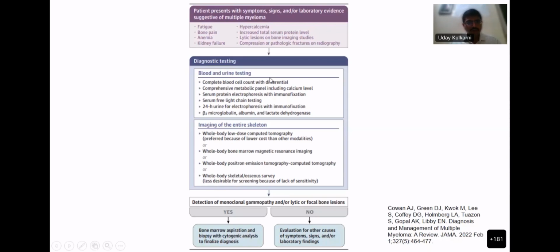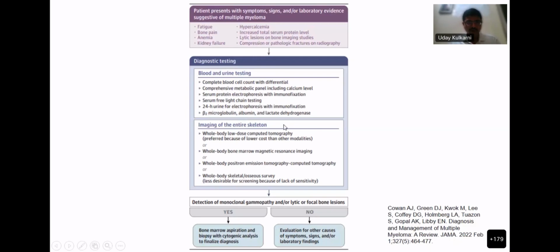So the diagnostic testing, Dr. Pamela has already alluded to. So we do the same panel of investigations which was discussed, including a complete blood count, metabolic panel, calcium level, serum protein electrophoresis with immunofixation, free light chain ratio, 24-hour urine protein and urine Bence Jones protein, beta 2 microglobulin and LDH for risk stratification.